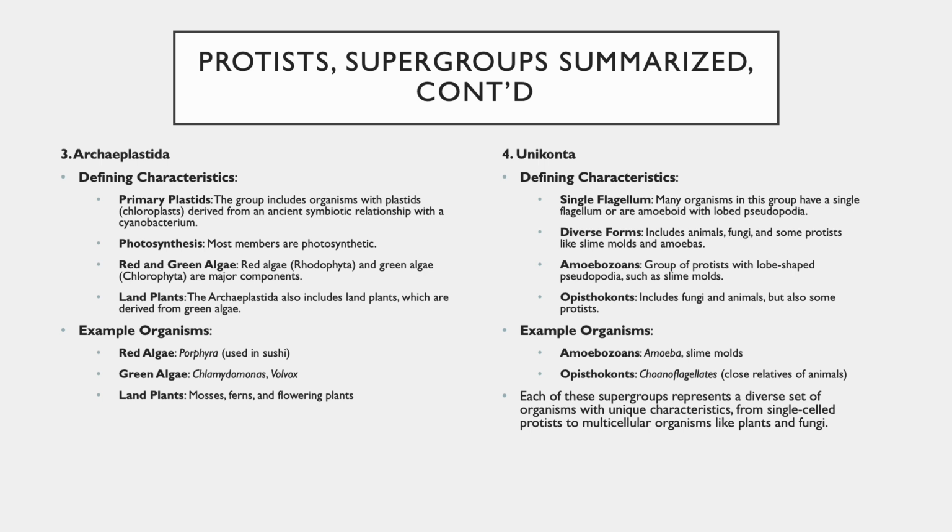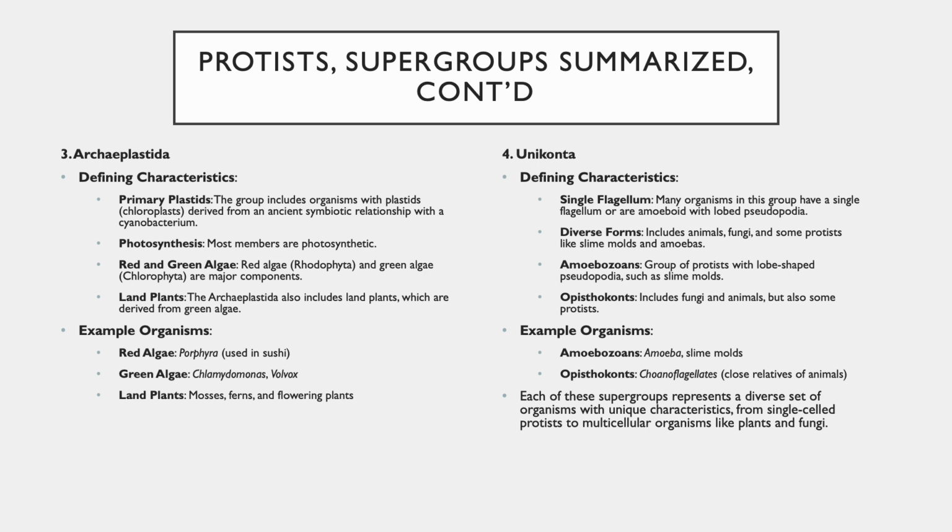Cyanobacteria are a type of bacteria that are capable of carrying out photosynthesis, and this is the theory for how organelles like chloroplasts and mitochondria came to be: that an organism was engulfed that then took on the function it once carried out as its own organism, and now it resides within another organism as an organelle.